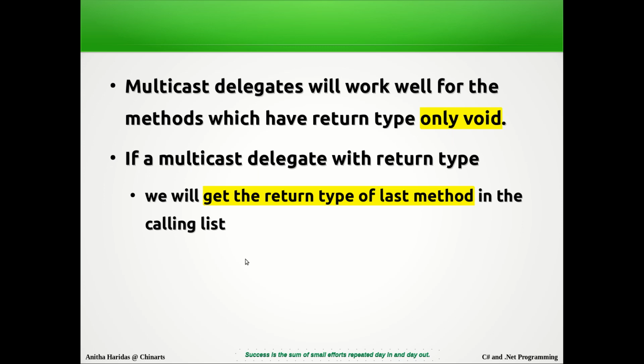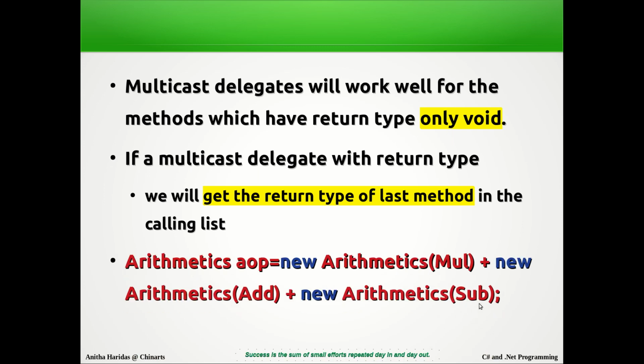Suppose you have a multicast delegate like this, with a reference defined here, and you combine delegates 1, 2 and 3 using the plus operator. Suppose the multiply, add and subtract methods are returning data, then the reference will return the value of the last method in the calling list.